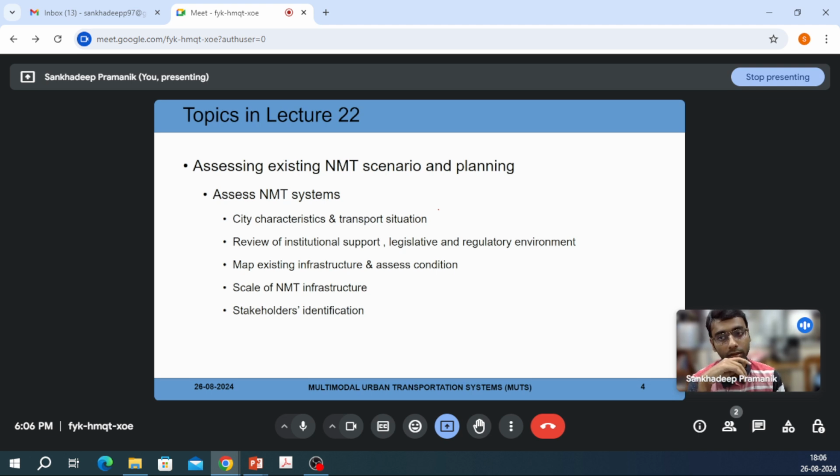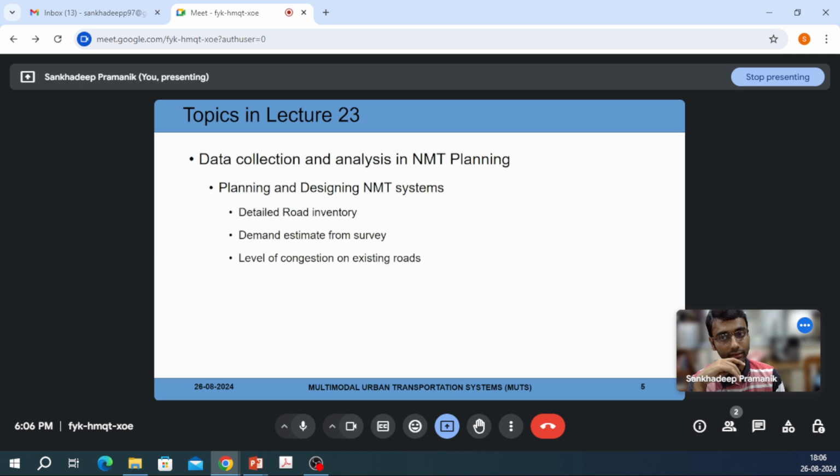Then we come to the planning and design step, where we have to plan the NMT infrastructure in a detailed manner, and for that we have to do different surveys, decide the level of service, and based on that determine how much investment is required.